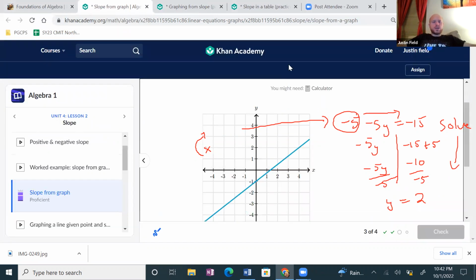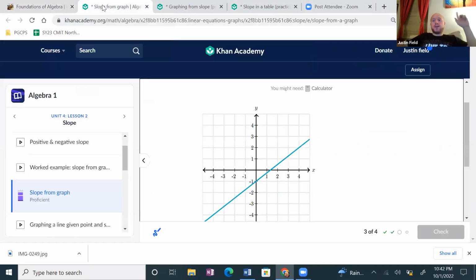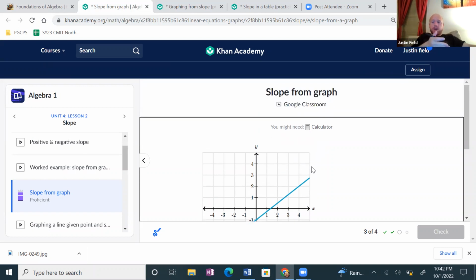The next thing we're going to do is slope. This week, I know the first part of this video was not about slope, but this whole week, the theme really, the Algebra 1 theme is slope. So a line, a graph of a line in 7th grade, you start with the constant of proportionality. That should be something you remember. But that's all about a line. And so what is the difference between lines? Well, one difference is they can be higher or lower, but another difference is they can be steeper.